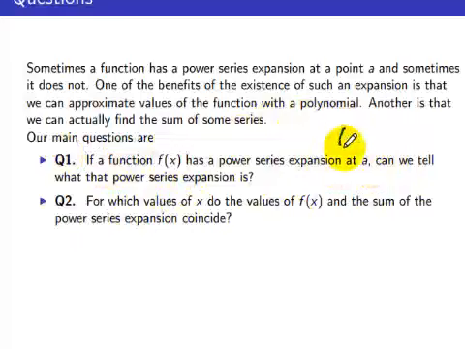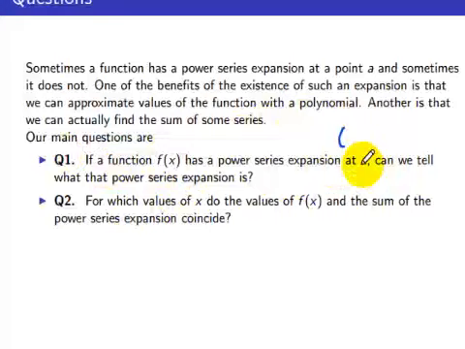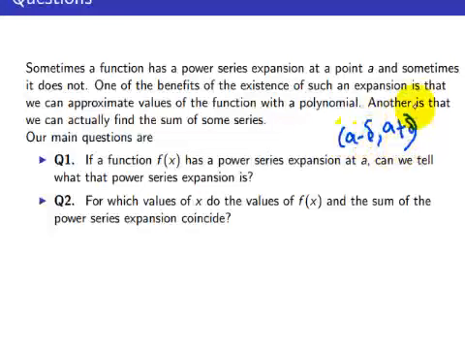So around a means the interval a minus delta to a plus delta, where delta is a positive value. If f is continuous and infinitely differentiable on this interval, then you can represent this function as a power series. Taylor did that, so we call that expression the Taylor series.